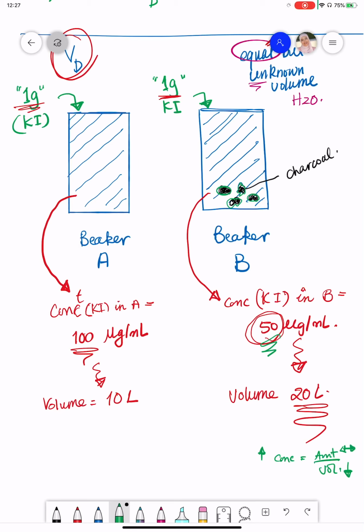Or if the concentration is decreasing, the volume is increasing, again with a constant amount of the material.